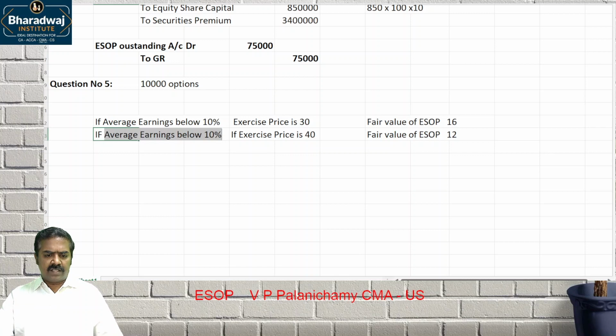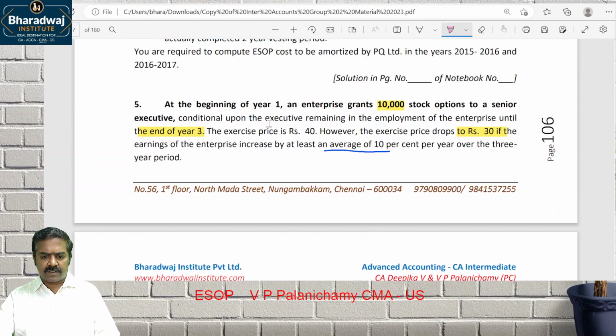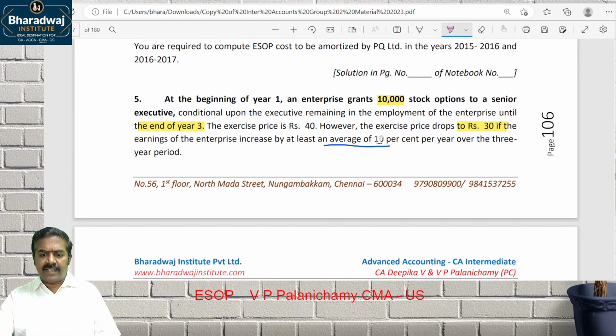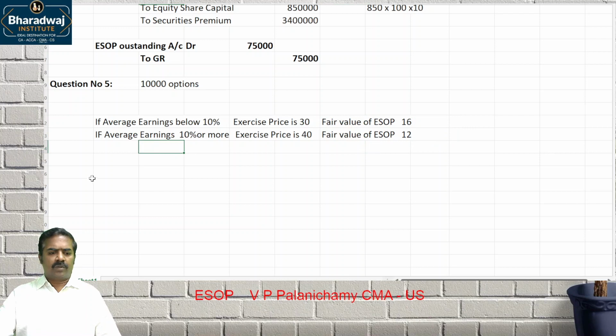If average earnings are above 10%, or 10% or more, at least average 10% or more, then the exercise price is 40, where the fair value of the option will be taken at 12.